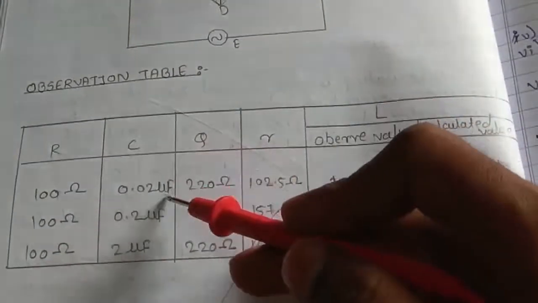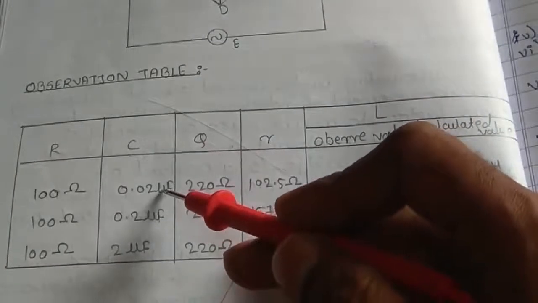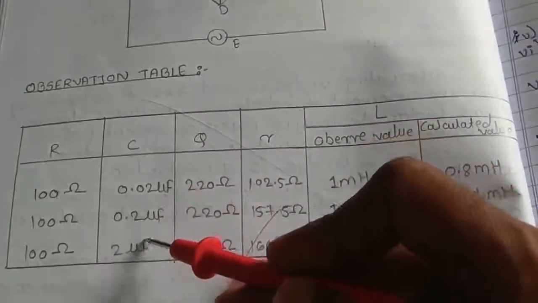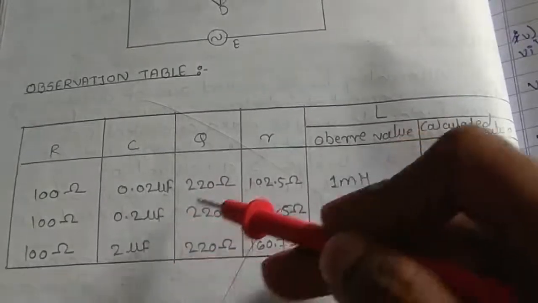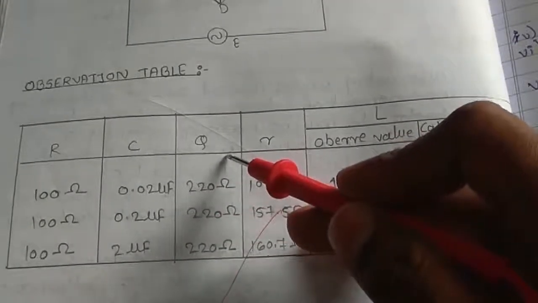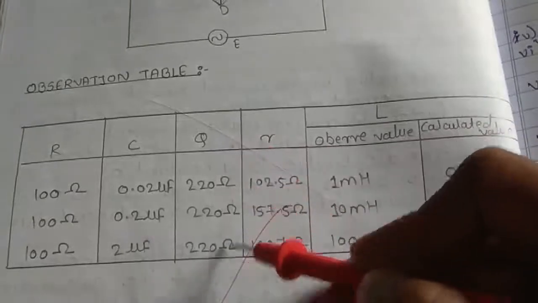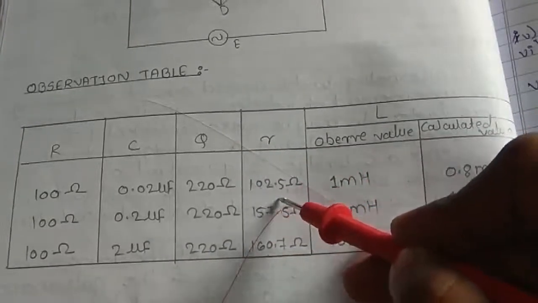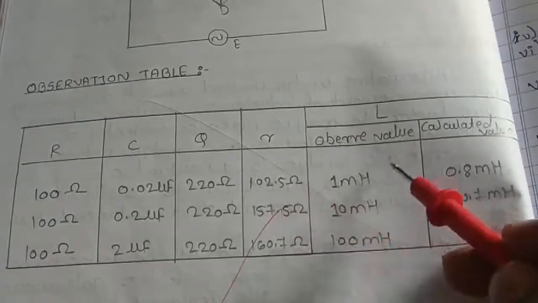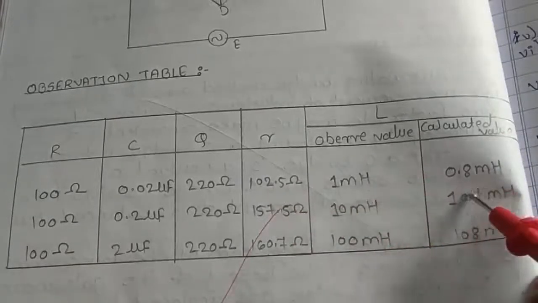For C, we are changing the standard capacitor: 0.02, 0.2 and 2 microfarad for the inductors L1, L2 and L3. And resistor Q is also fixed, and this is the variable resistor r value. For L1 we are given this value, and for L2 and L3, and this is the calculated value.